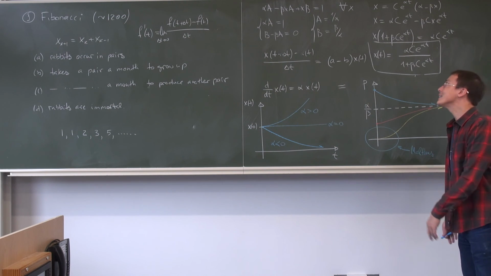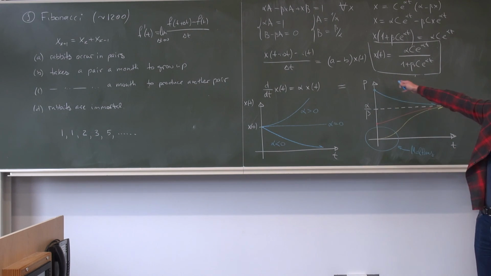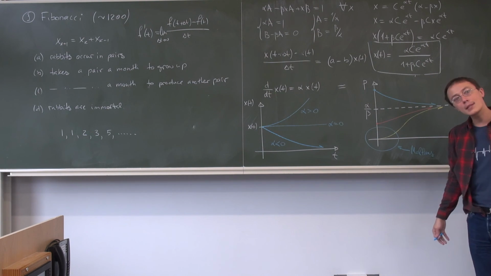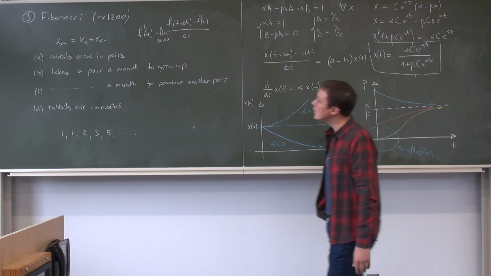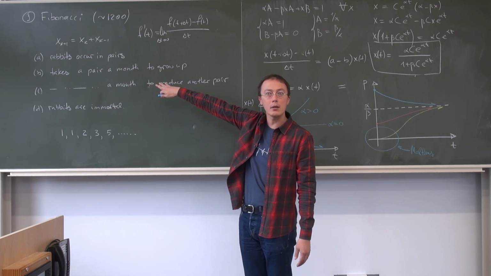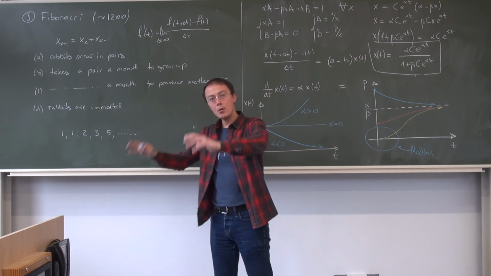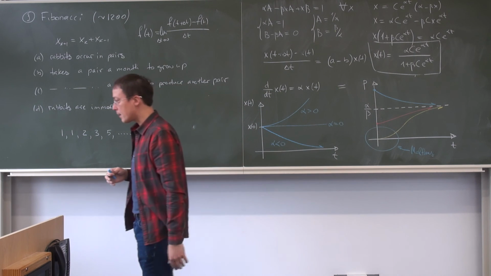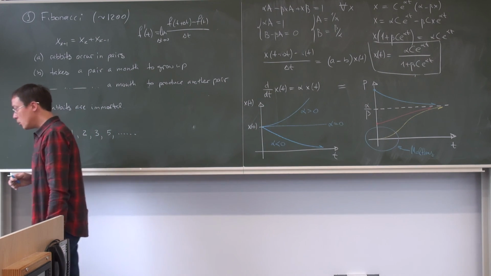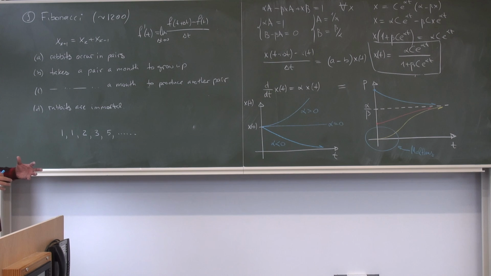You proceed exactly as these fine gentlemen had proceeded in the course of history. You write some plausible assumptions about it. I mean, degrees of plausibility can vary. You turn those plausible assumptions into mathematical equations and you take appropriate limits to make them into differential equations.